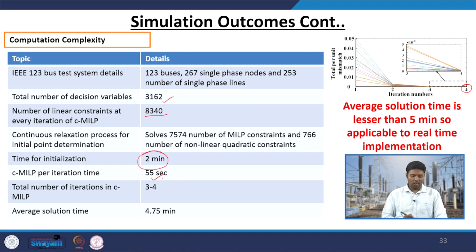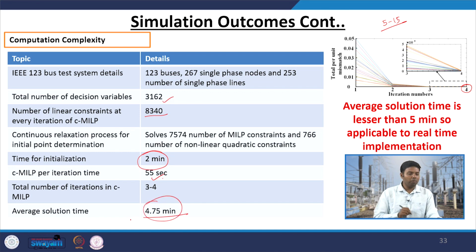So the total average solution time is lesser than 5 minutes. Real time operation in power systems is still done at 5 to 15 minute intervals, so our solution time is lesser than 5 minutes. So we can see this time decoupled algorithm can be applied for real life application of the distribution network.